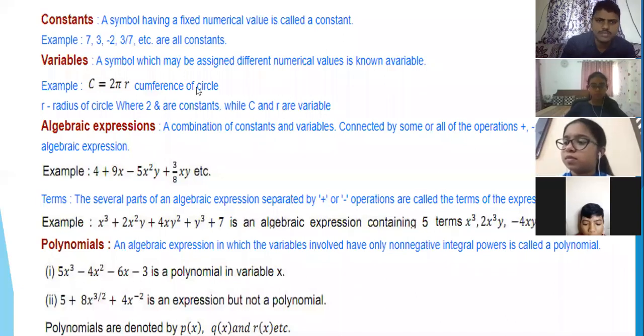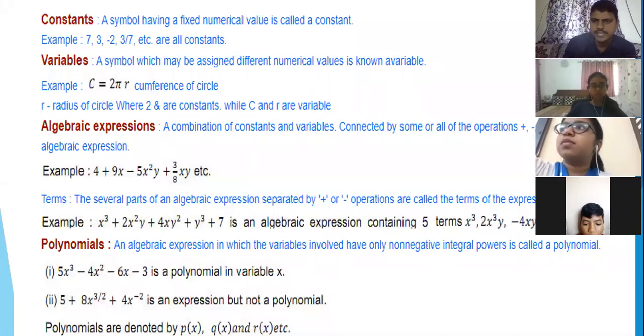Next, variables. A symbol which may be assigned different numerical values is known as a variable. Here, variables are A, B, C, D, X, Y, Z, like that.